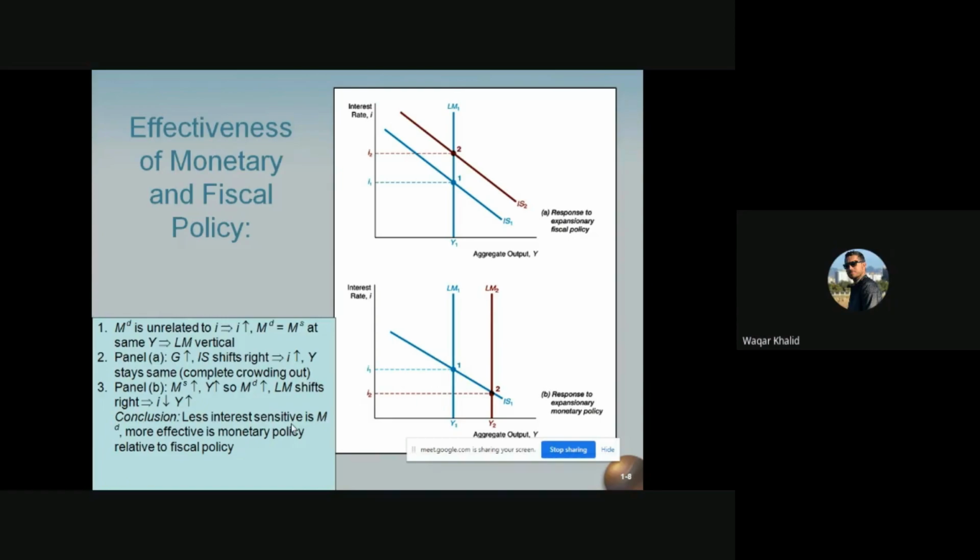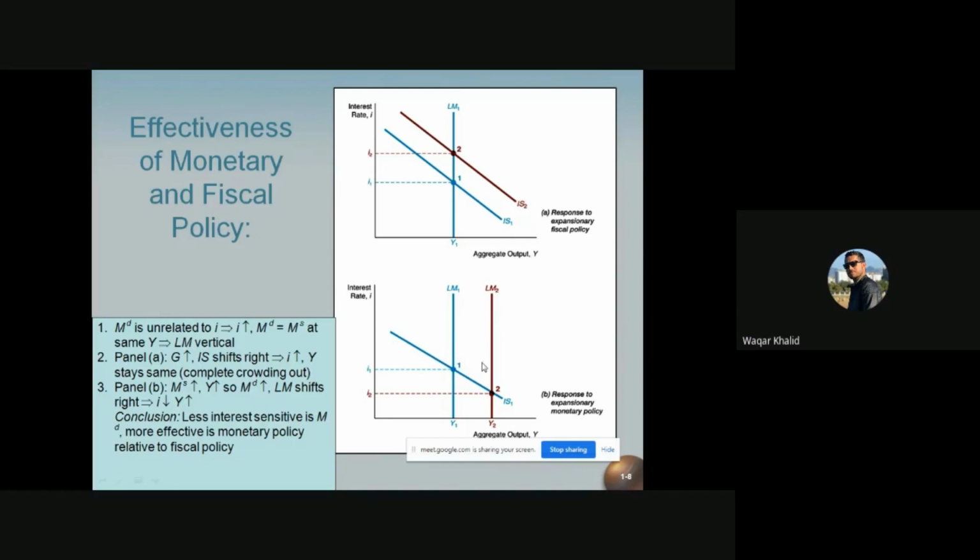Look here. In panel A, the output level remains the same and the interest rate has increased from I1 to I2 when we adopt an expansionary fiscal policy.